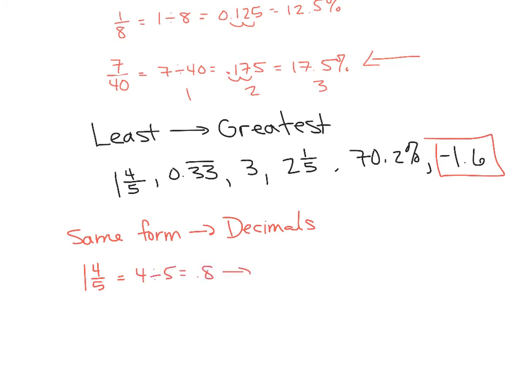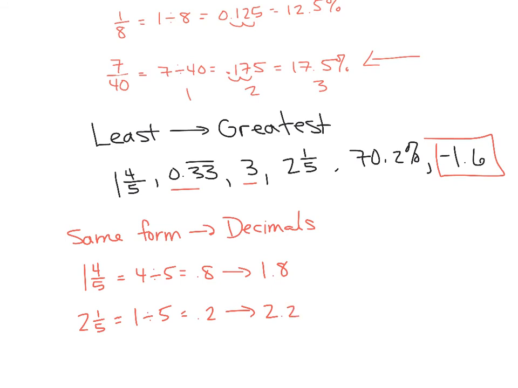So that's going to tell you 1 4/5 is 1.8. Okay? This is already in a decimal. 3 is technically already in a decimal. It's 3.0. So then you have 2 1/5. You take the fraction part, 1 divided by 5, and get 0.2. And that's the part that comes after the whole number, 2.2.